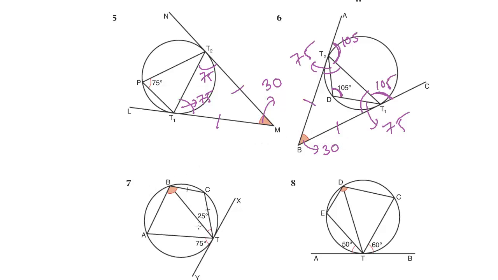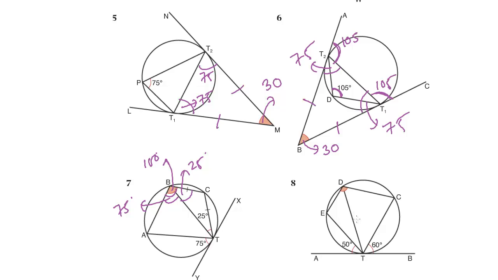The next one, we have these two sides equal. So the base angles should be equal. So this is 25 degrees like this. Then we know AT and this tangent together make this angle 75 by the alternate segment theorem. So this complete angle that we have to find is 75 plus 25, and that should be together 100 degrees.